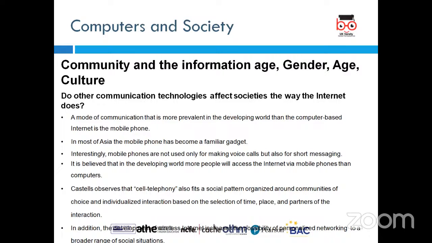What we can see is that in most of Asia, the mobile phone has become a familiar gadget. And interestingly, mobile phones are used not only for making voice calls, but also for short messaging.